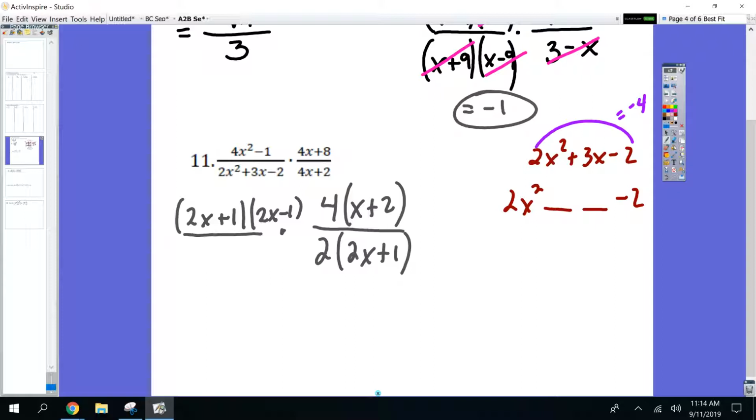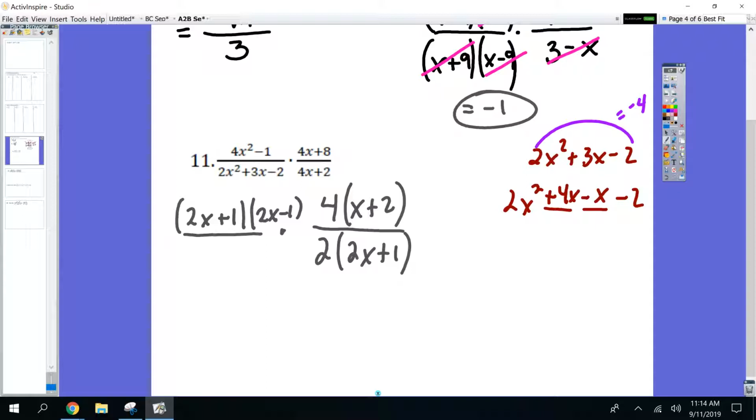What do you have to put in the middle? 2 numbers that multiply to -4 but add to 3. That's what you got to put in the middle. Dig deep. Multiply to -4 and add to 3. Got it, Art? -4x and -x, you said? Yeah. Yep. They add to 3, multiply to -4.